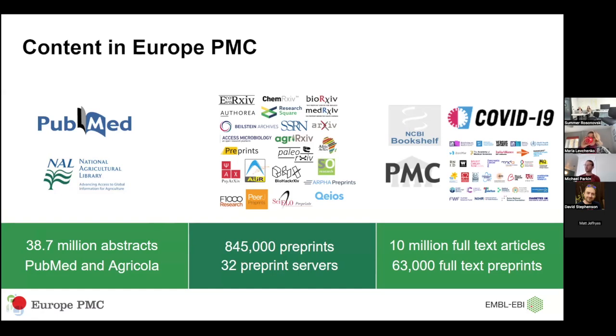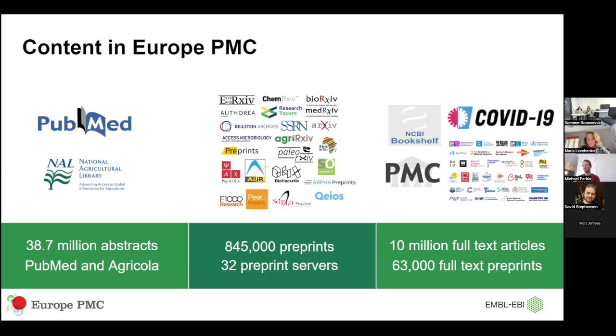PubMed covers journals in the life sciences, but it's not every journal. It's the vast majority. But there are some journals that are not indexed in PubMed and therefore don't appear in Europe PMC. So there are some edge cases where you simply won't find a publication in Europe PMC because it's not in PubMed or any of the other sources. So it's worth bearing in mind. But the vast majority of life science content is available through Europe PMC.